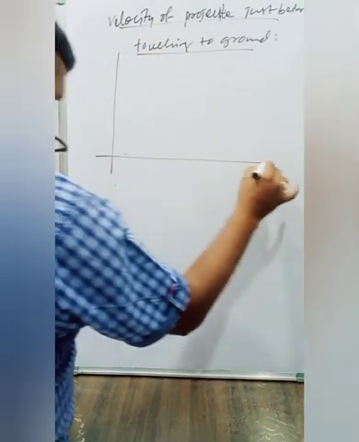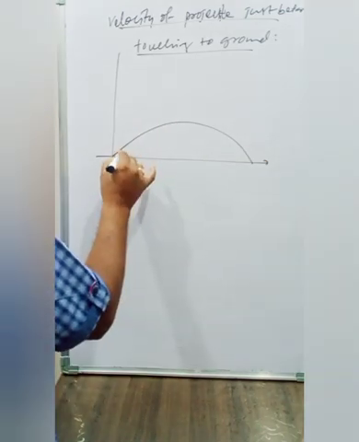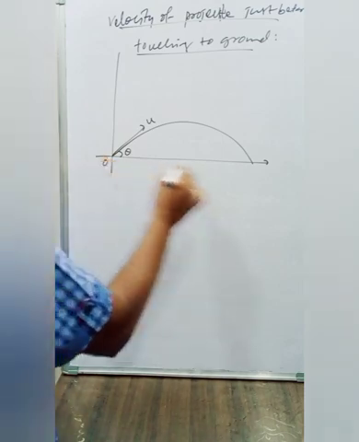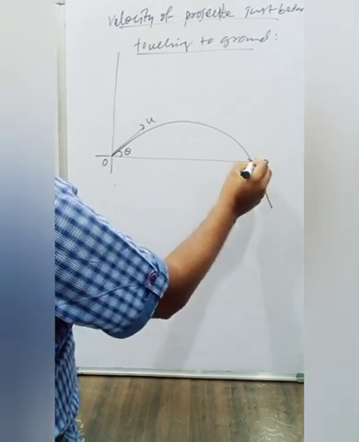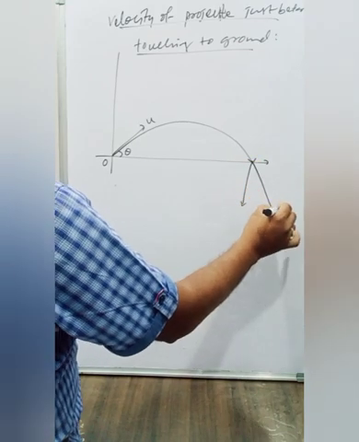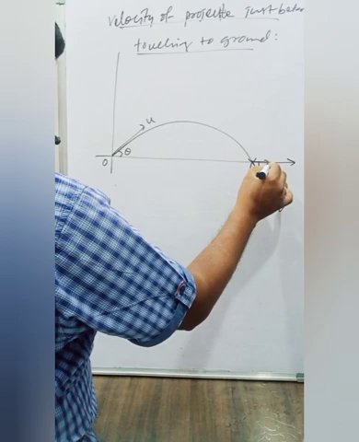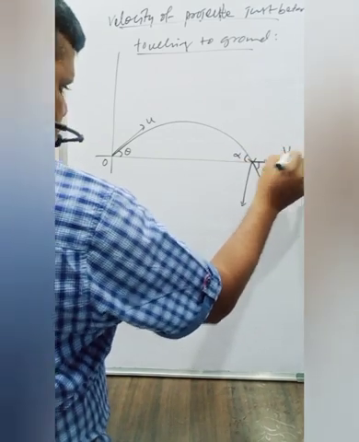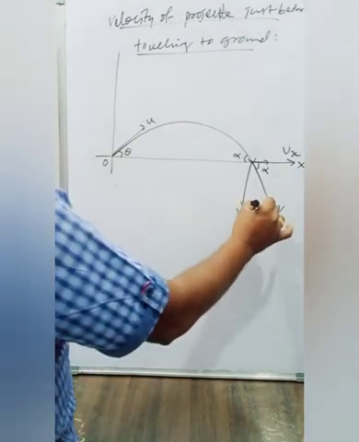We know that the projectile is projected from the ground at an angle other than 90 degrees, then it reaches the same plane. The final velocity v is resolved into two components, vx along the x-axis and vy along the y-axis.